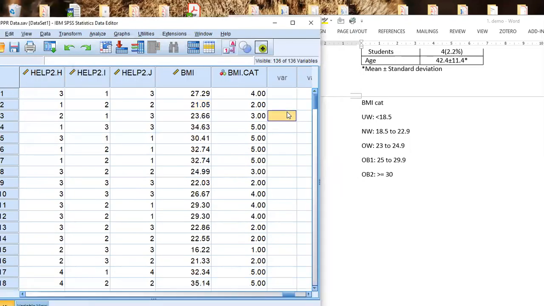So look at the results. 1 is this group, 2 is this group, 3 is this group, 4, obese 1, is this group, and obese 2, number 5, is the 30 group. Any questions?